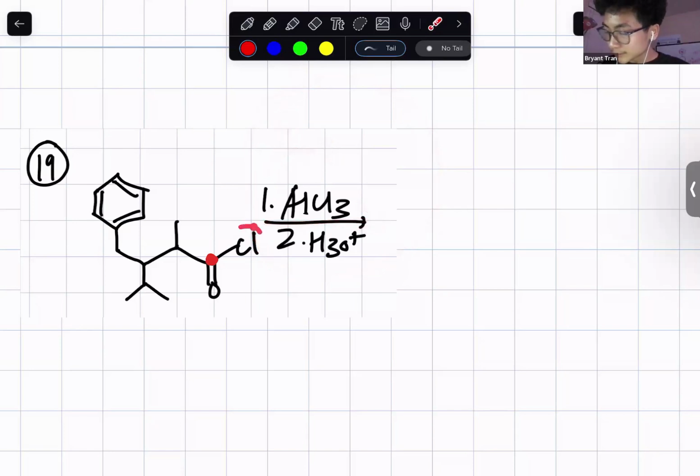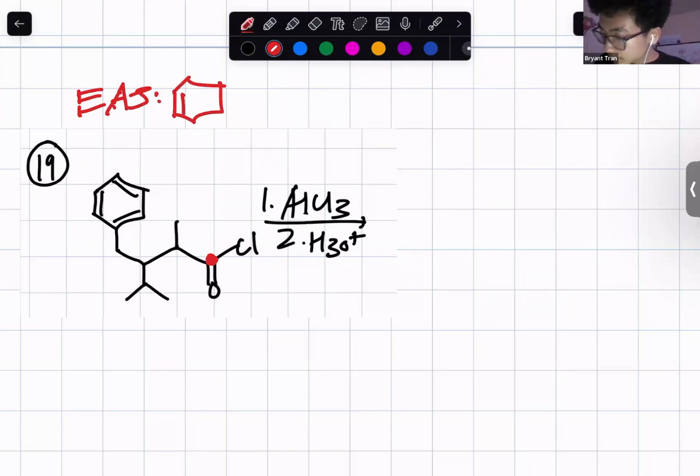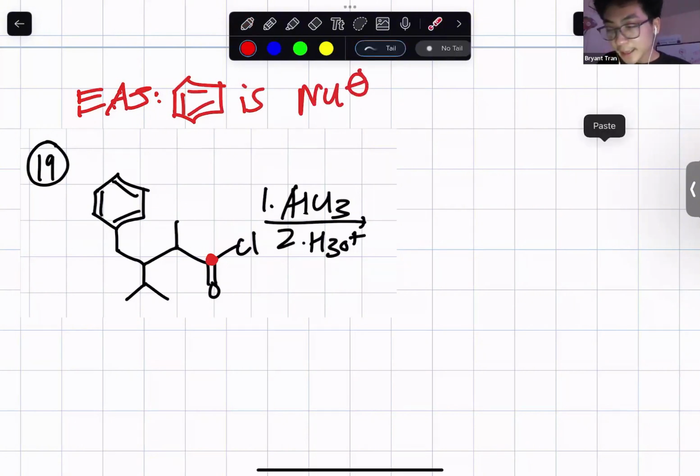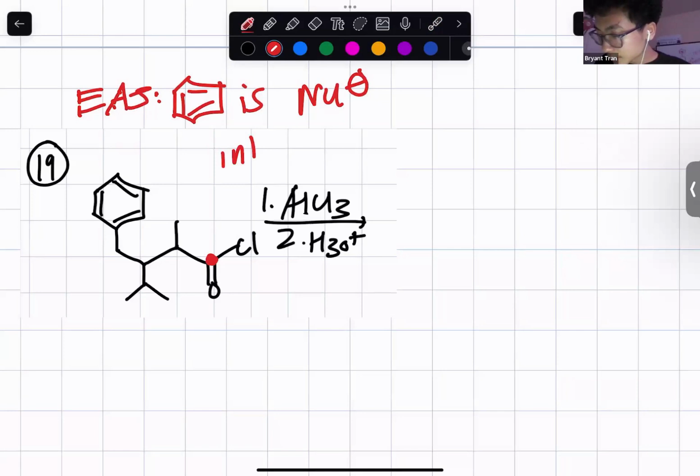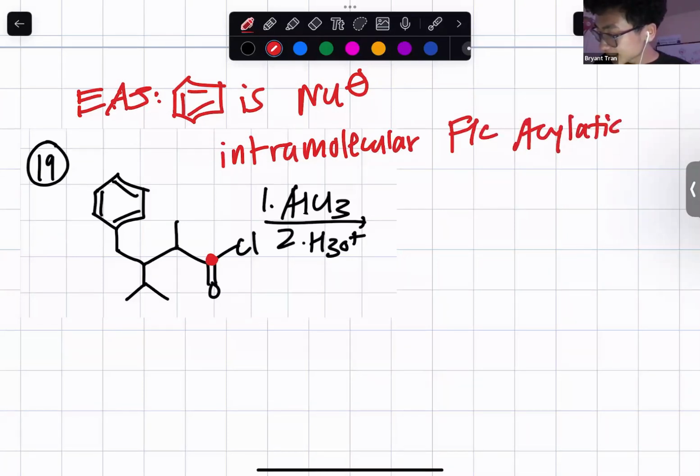We see the acyl group on the same molecule as the benzene, right? And in EAS reactions, the benzene is the nucleophile. So we're going to do a Friedel-Crafts acylation reaction, right? So we're going to make a ring here, and we want to make a stable ring.